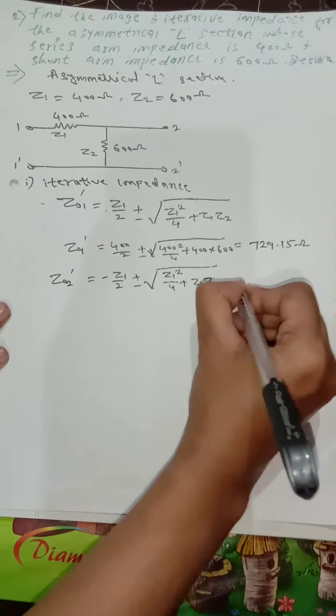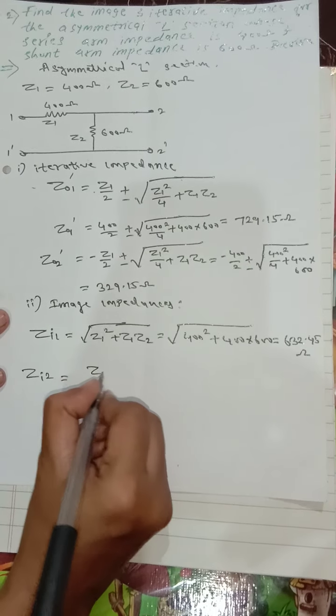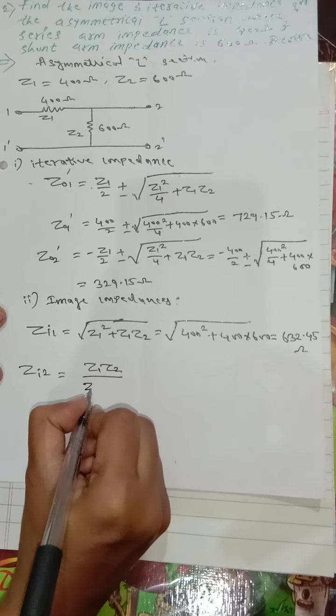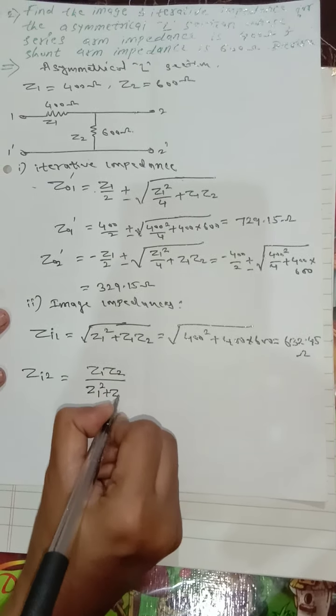Similarly the image impedance denoted by Zi, but from the opposite or second port. So Zi2 will be equal to Z1 Z2 divided by root of Z1 square plus Z1 Z2.